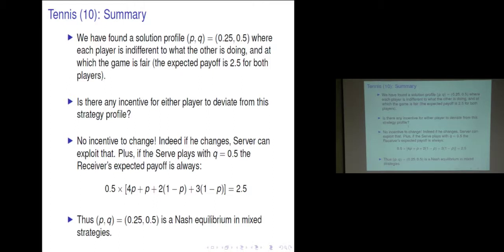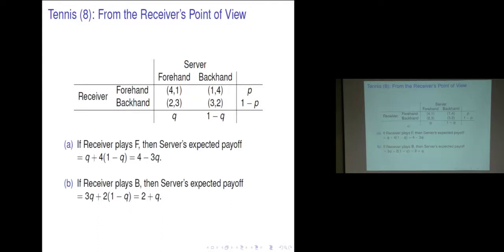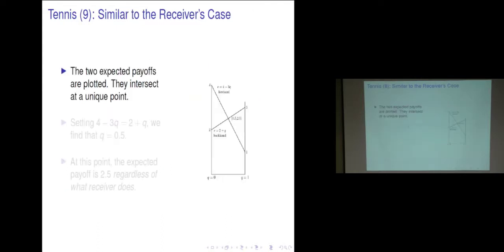We calculate the expected payoff, and then we plot the line where we solve this equation, and then we find some special points. The special point turns out to be the Nash equilibrium. So those are the steps we solve the problem.